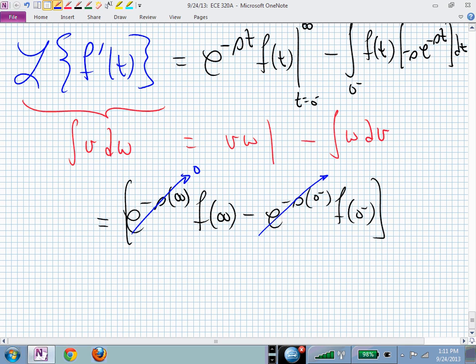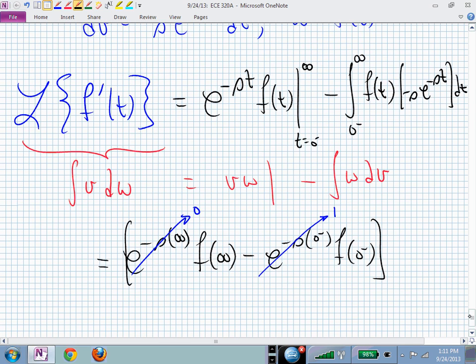e to the minus s times 0. That's e to the 0, which is 1. And I still need to do my integral, don't I? But if I pull that down and look at what I have, a minus s. My integration is with respect to time. s can be factored out.